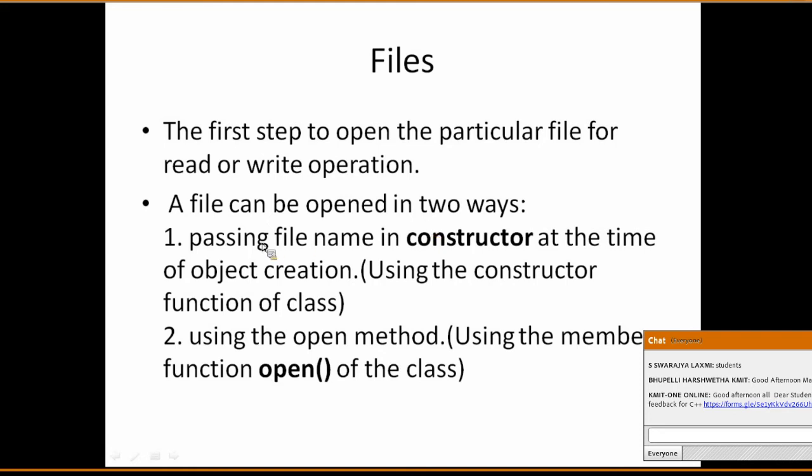One is passing the file name in the constructor at the time of object creation, meaning using the constructor function in a class. The second one is using the open method.